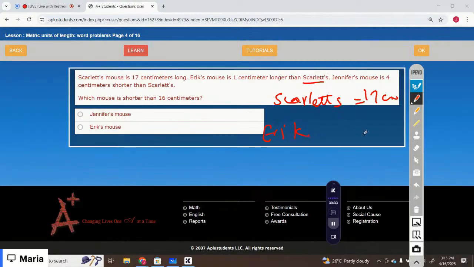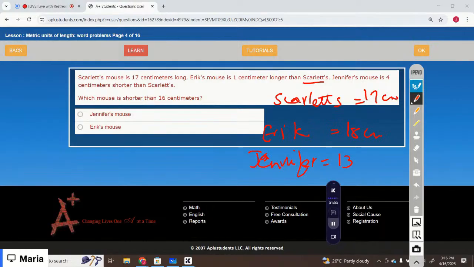Eric's mouse is 1 centimeter longer, that means 18 centimeters. Jennifer's mouse is 4 centimeters shorter than Scarlett's. 17 minus 4 is 13.